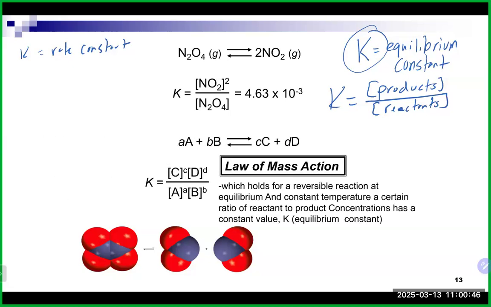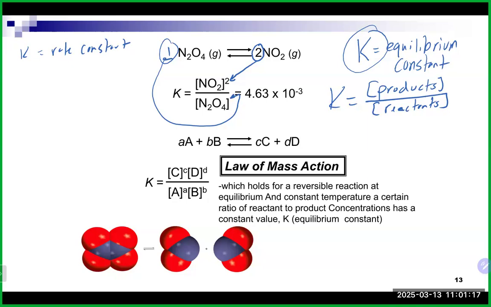In general, you take the products over the reactants, and we use the coefficients as the exponents. Here, the coefficient is 1, which is why there is nothing written. So all of our products over our reactants, using the coefficients as the exponents, will give us our equilibrium constant.